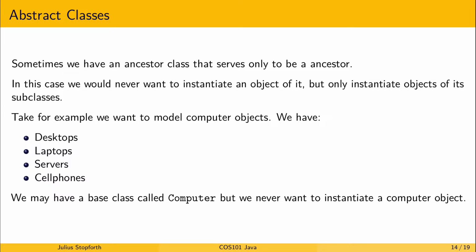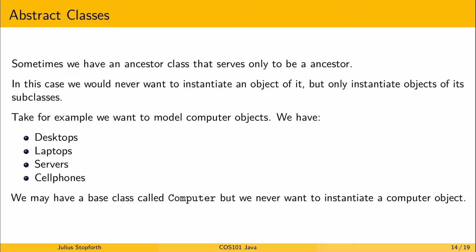So, with the network idea earlier, we had the idea of a network, which is very vague, right? And then we might have the idea of something like a computer, which is very vague. And we have different types of computers that we actually interact with and that we actually use. So something like desktops, laptops, servers, and cell phones.